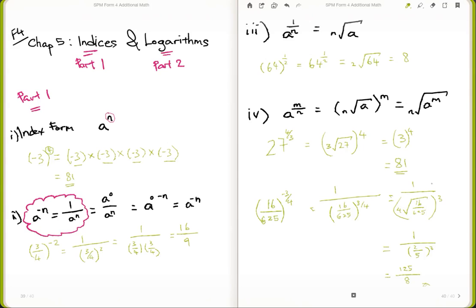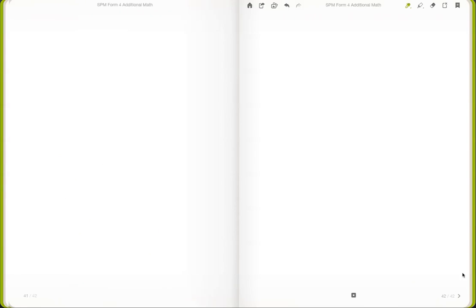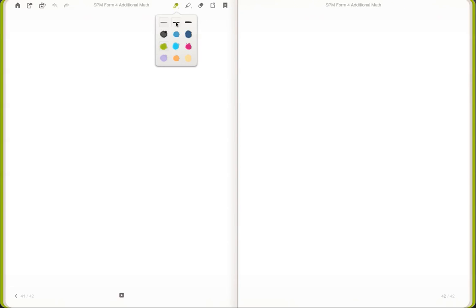Section 2, next, we're going to deal with the law of indices. Now, when it comes to the law of indices, we have how I'm going to perform operations.